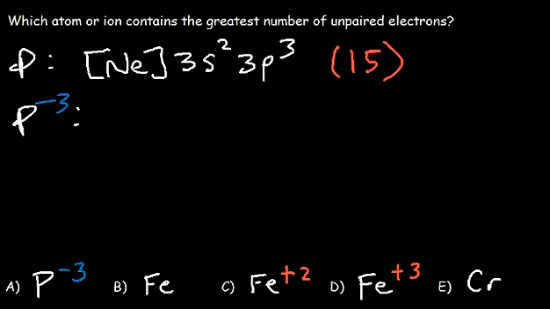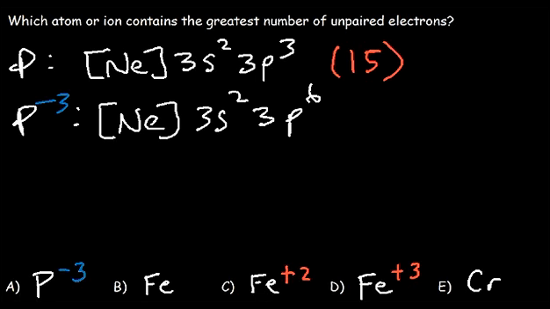Remember, ions have an unequal number of protons and electrons. The atomic number for phosphorus is 15. So whether as an atom P or as an ion P-3, it has 15 protons. But P-3 has 18 electrons. It gained 3 more electrons. So we need to add 3 to the electron configuration. It's not going to be 3p3, it's going to be 3p6, which adds up to 18.